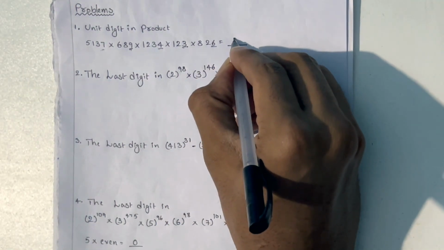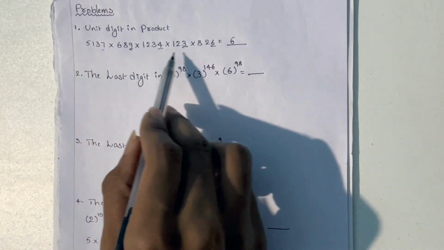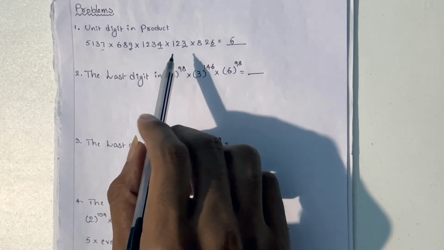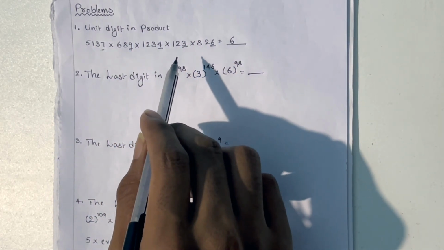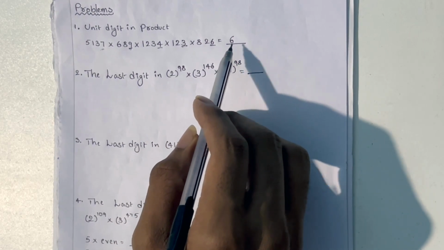So 6 is the unit digit after multiplying all these numbers, which gives some big number. In that number, 6 would be the last digit.